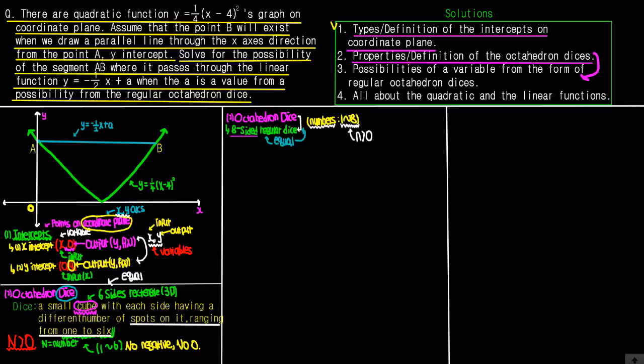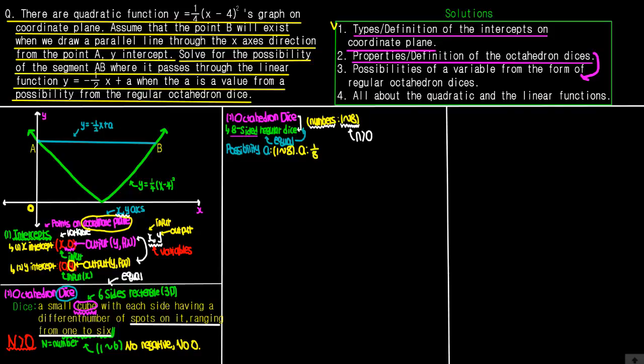Think about our information that the A value is a possibility from a regular octenary dice. So the A value will occur among the numbers 1 to 8, which means the probability of the A value can be 1 over 8.